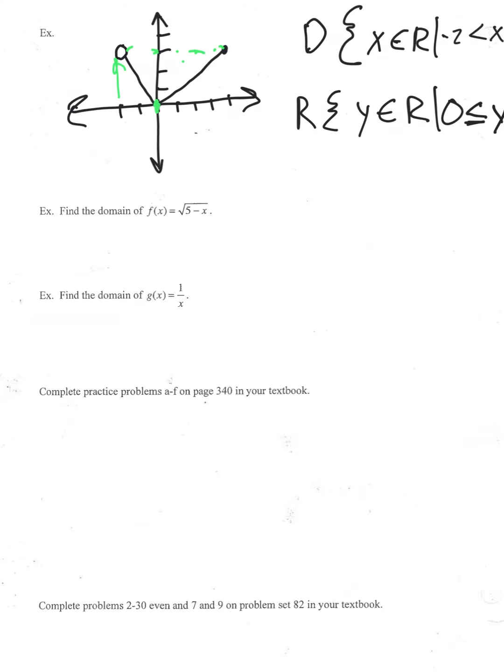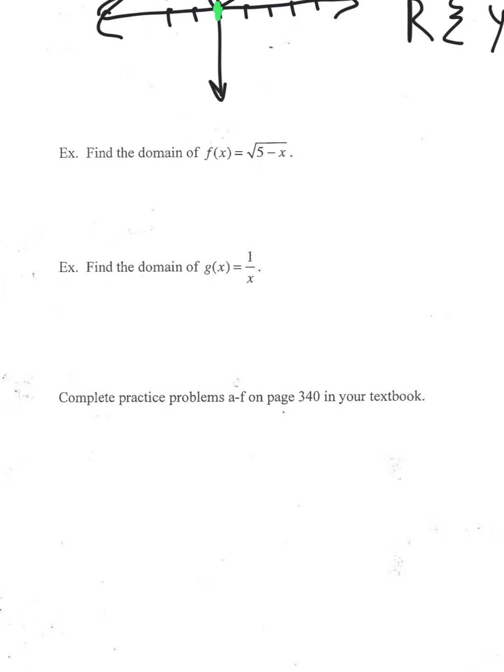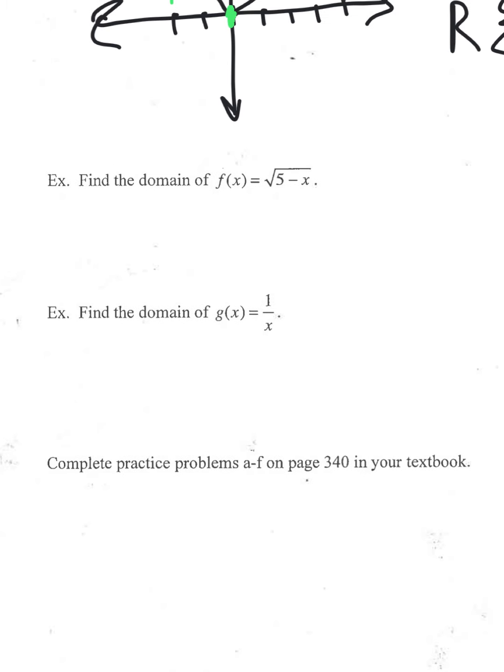All right, we go kind of back into the function world, off the graphs. This one we have f of x equals the root of 5 minus x. And if we're looking for the domain of this function, this one only asks for domain, it is going to be a set of real numbers.